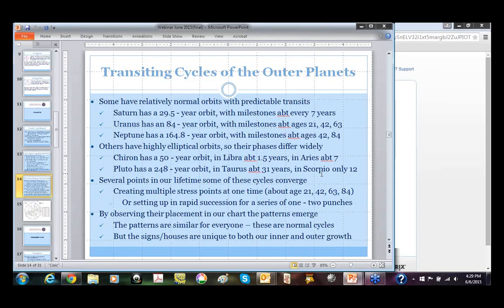Someone born in 1950 with Pluto in Leo will hit that first quarter square at roughly 40 years and the opposition about 84 years. Someone born in 1990 with Pluto in Scorpio is going to hit that first quarter square at about 43 years, but the opposition won't be reached until 122 years. So again, not in their lifetime.